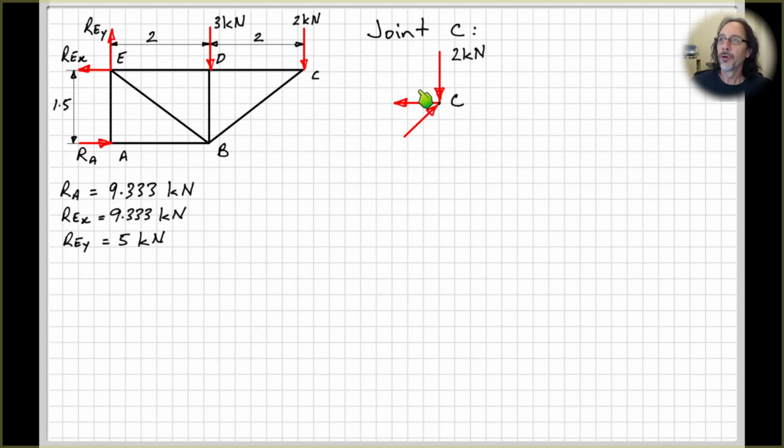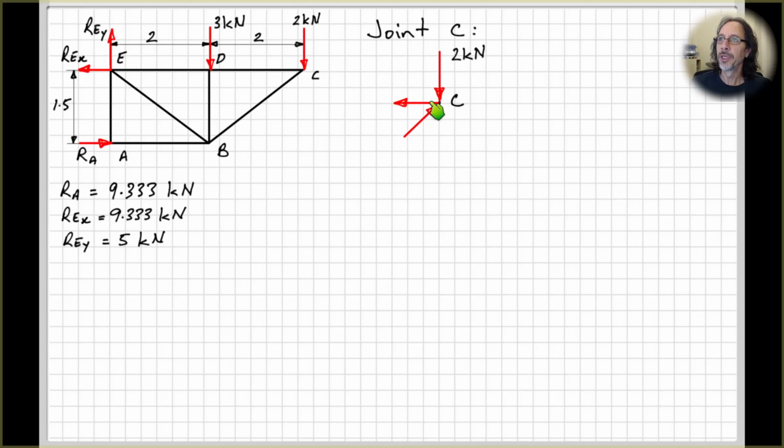And then for our horizontal force here, now in member CD, because our force in member BC has a component acting to the right, therefore for this joint to be in equilibrium, this force here in member CD must be to the left.